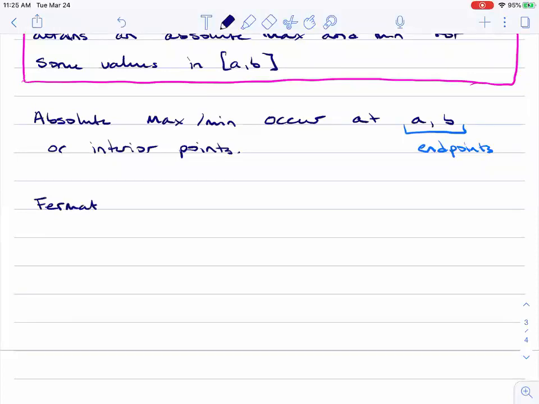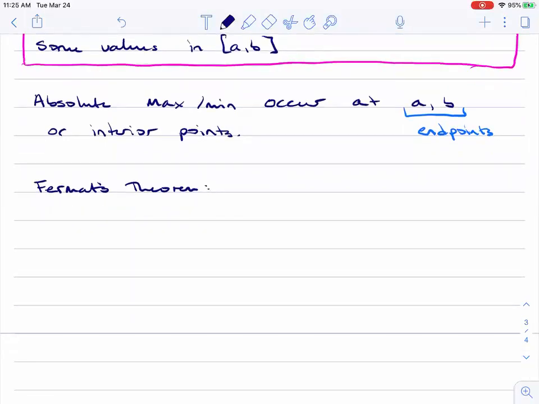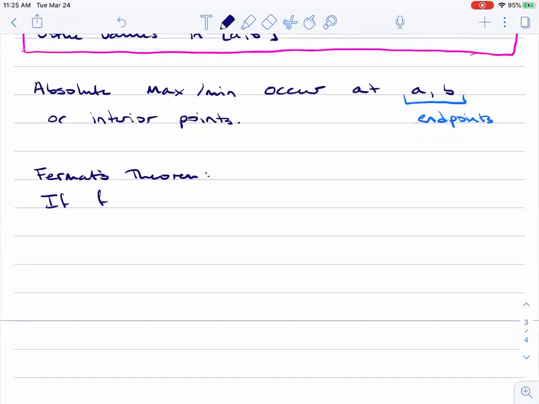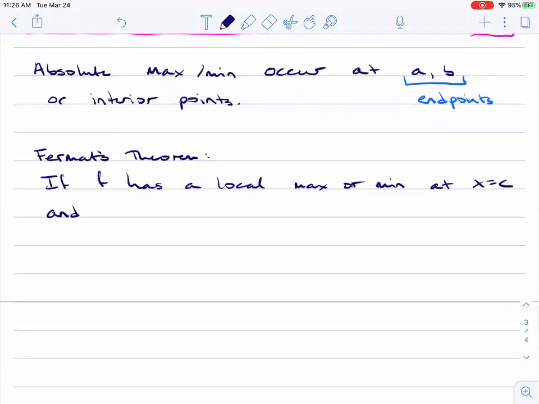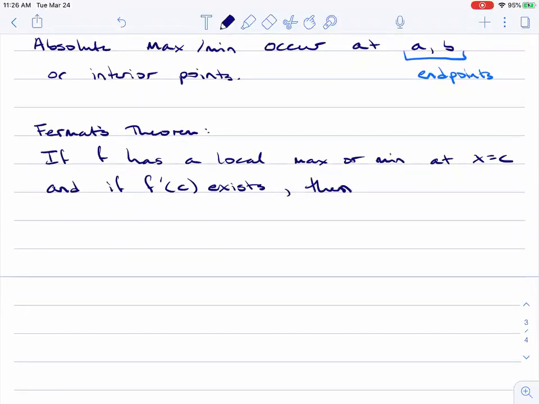We're going to follow it up with Fermat's theorem, which says that if f has a local max or min at x equals c, and if the derivative at c exists, that's assuming that f is differentiable at c, then f prime at c must be 0.